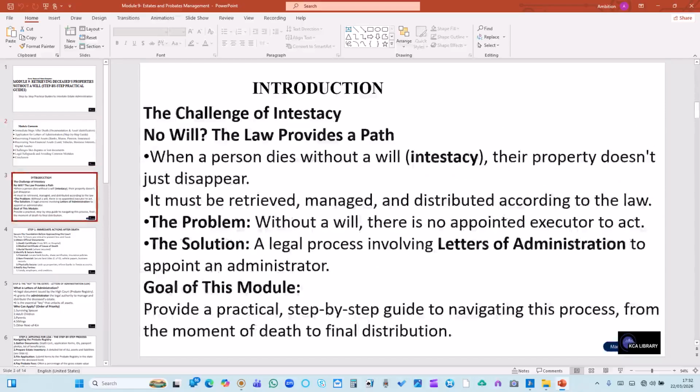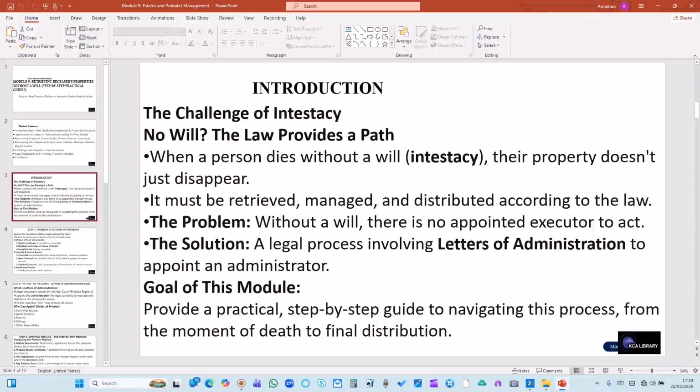The challenge of intestacy, where there is no will, the law provides the path. When a person dies without a will, that is intestacy, their property doesn't just disappear. It must be retrieved, managed, and distributed according to the law. The problem is, without a will, there is no appointed executor to act.